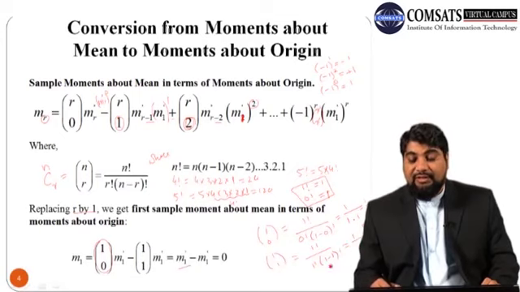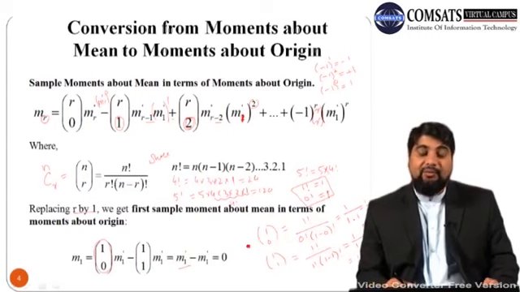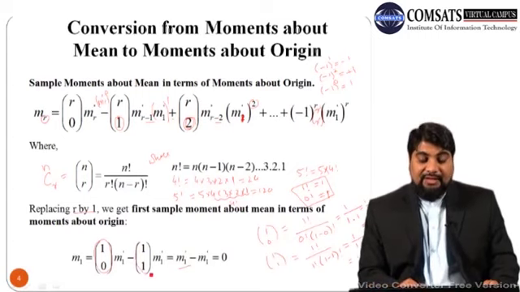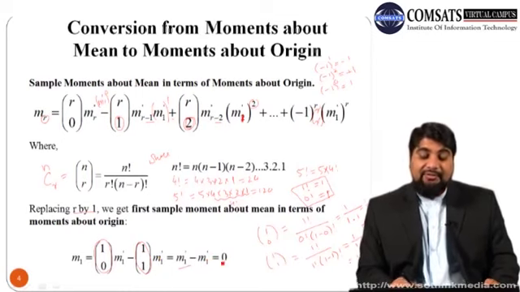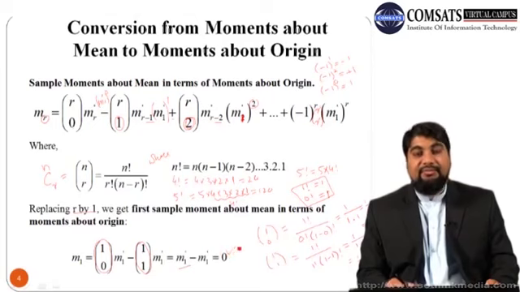So 1 factorial is 1, this 1 factorial is again 1, 1 minus 1 which is 0 factorial, which is also 1. So 1 over 1 we again get 1. So this is also 1, so we get m1 dash. So m1 dash minus m1 dash we get 0. So it means the first sample moment about mean is 0.